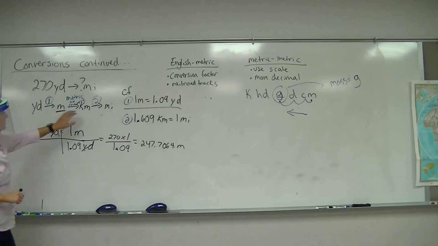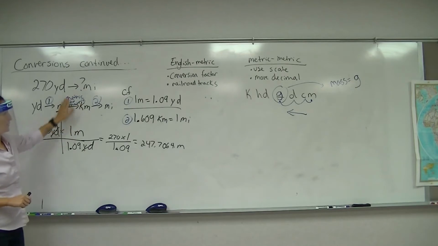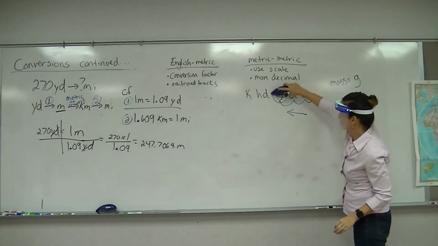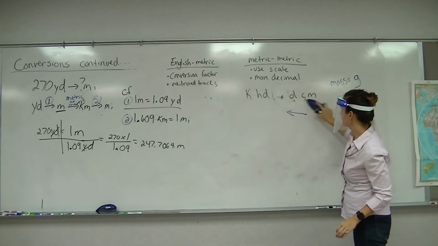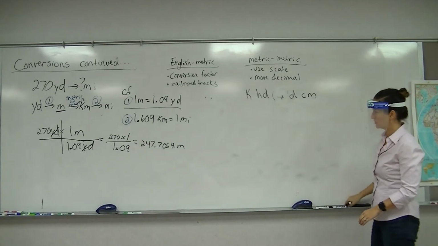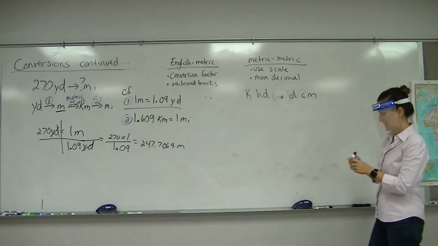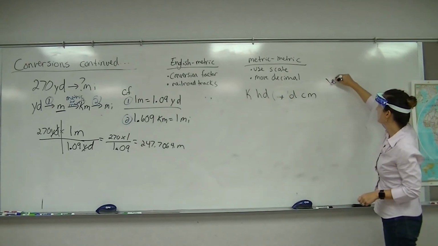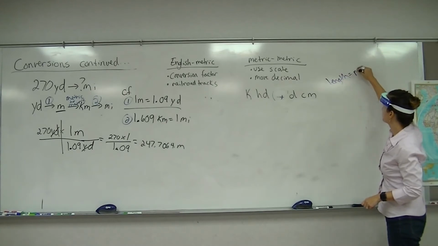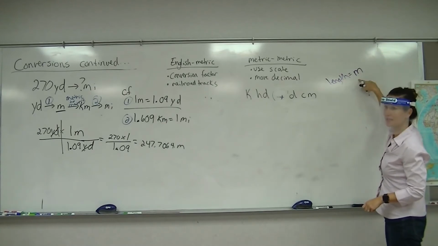So we're in meters. To get to kilometers, we're going to do the metric to metric. So now we're skipping over here. Metric to metric, we're using the scale. We're not using a conversion factor. So this time, what's going to go in our empty space? If we're measuring length, it's going to be meters.